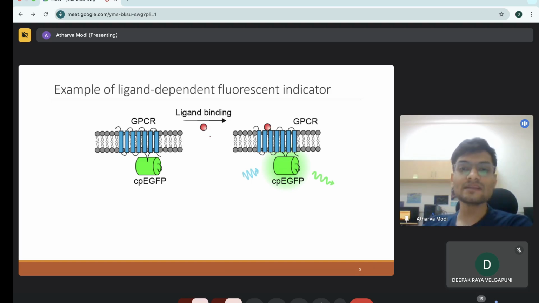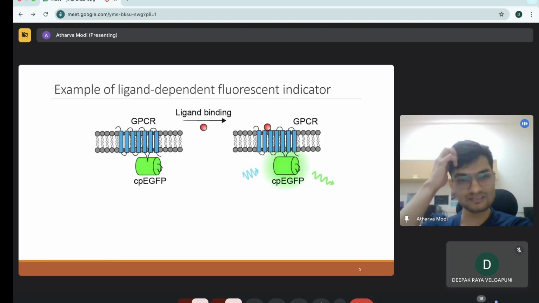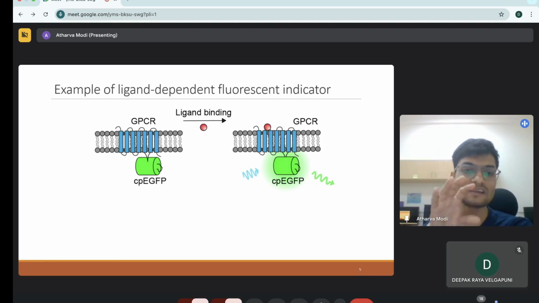This ligand can be any neurotransmitter, like dopamine, glutamate, serotonin or norepinephrine, anything. The ligand depends on the properties of the receptor. Now this receptor has this modified GFP, this circularly permuted EGFP, which is again a genetically encoded fluorescent indicator.